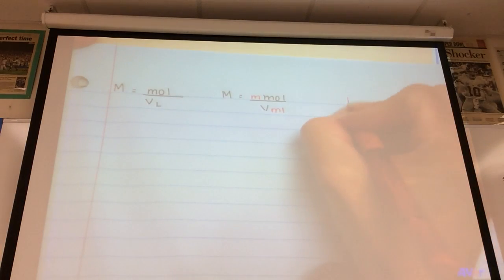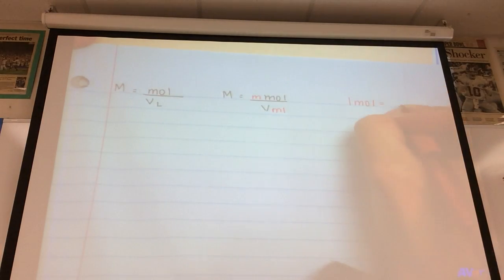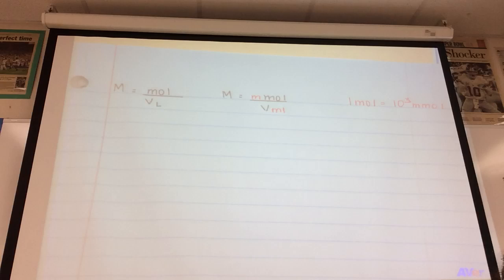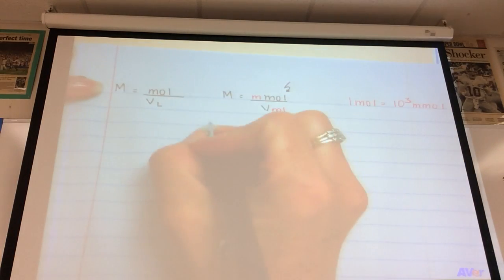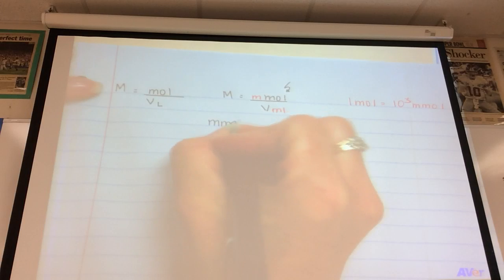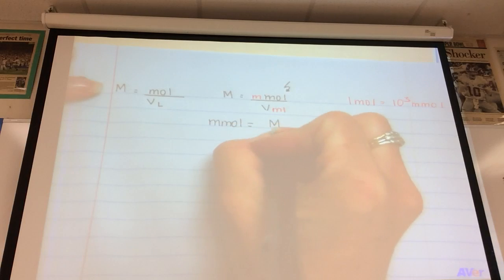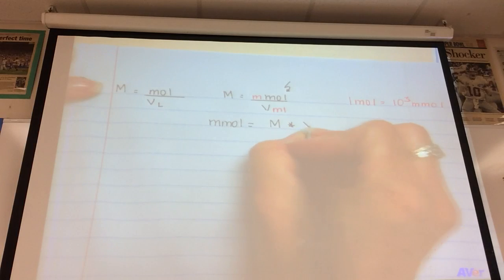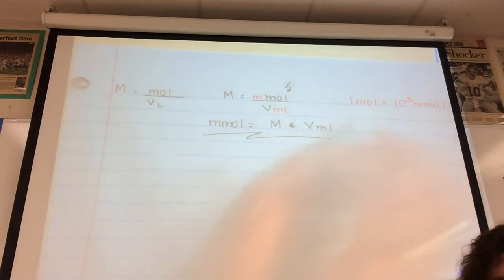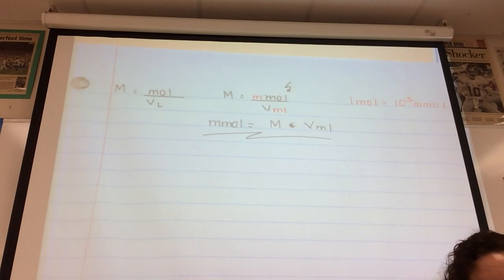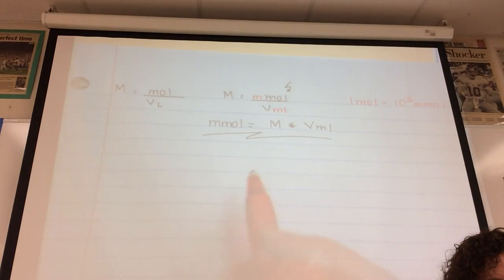We know that 1 mole is 1,000 or 10 to the 3rd millimoles. And to calculate millimoles then, we're going to multiply the molarity times the volume in mils. This is much easier because you don't have to convert from mils to liters, etc.